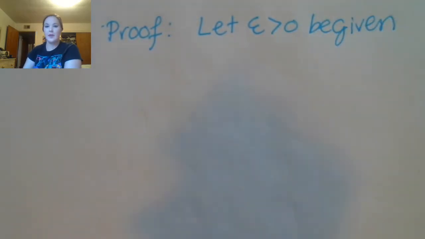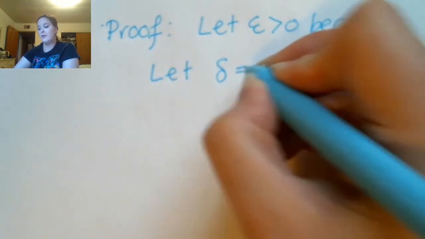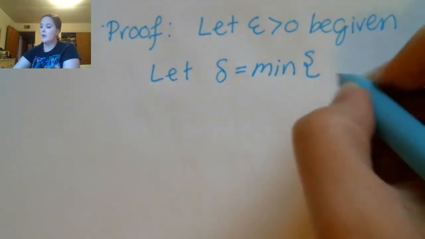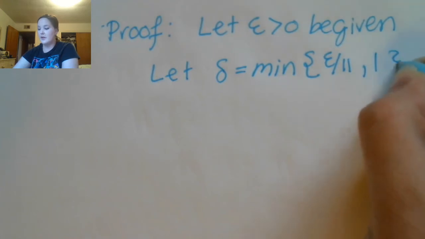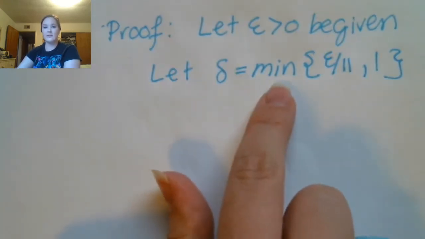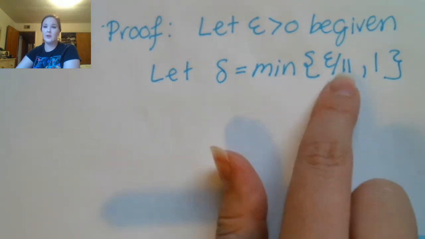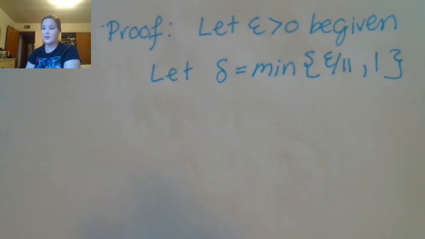Then we say let delta, and this is where we have to talk about the minimum, because we want it to be epsilon over 11, but we also want that to be less than 1. So this is the way of saying you're going to choose delta to be the smaller of the two, epsilon over 11 or 1, whichever one is smaller. That's what this notation means.